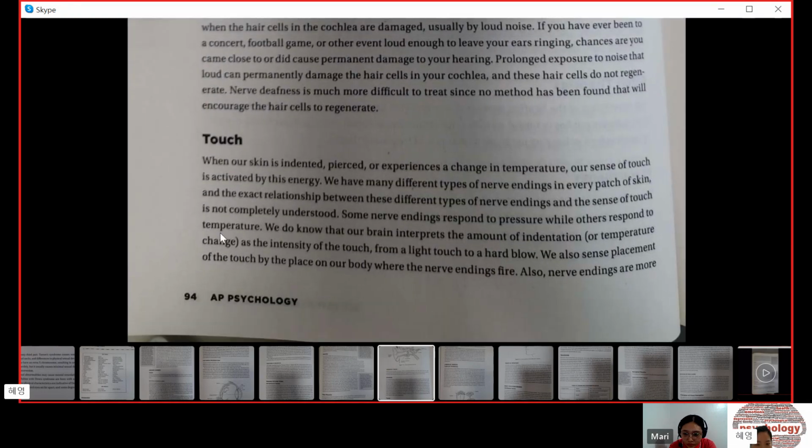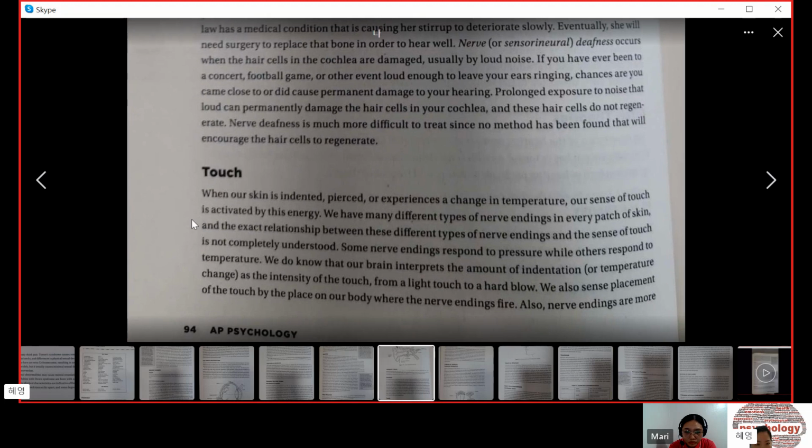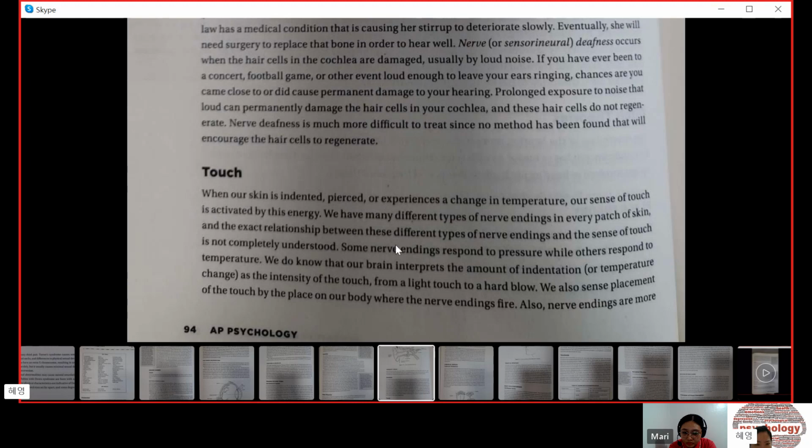And the other sense is touch. When our skin is indented, pierced, or experiences a change in temperature, our sense of touch is activated by this energy. We have many different types of nerve endings in every patch of skin.